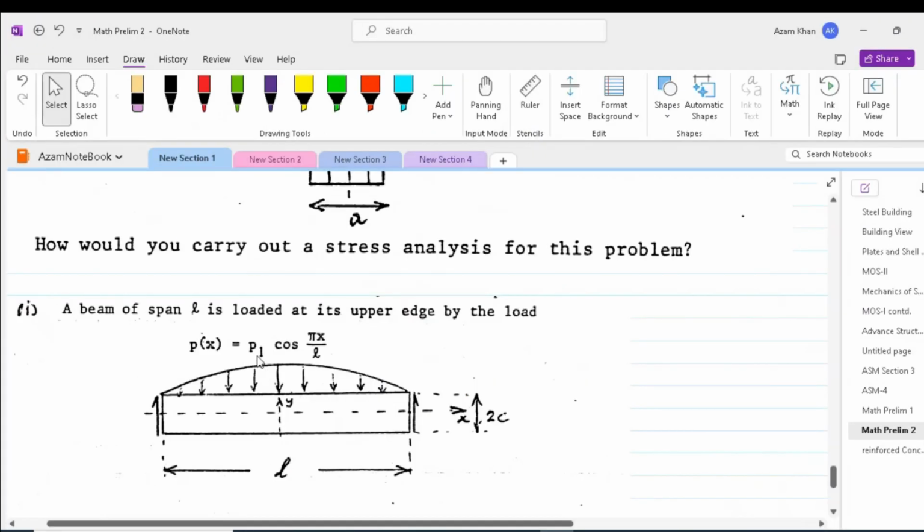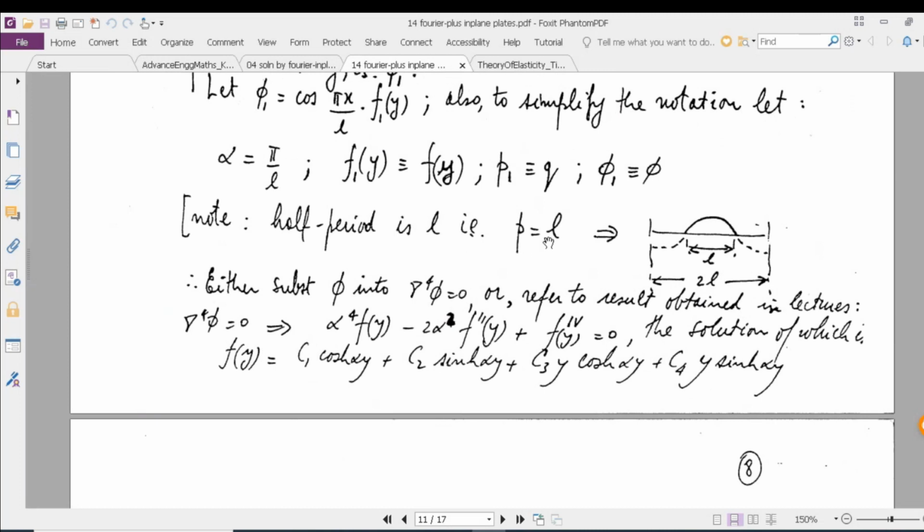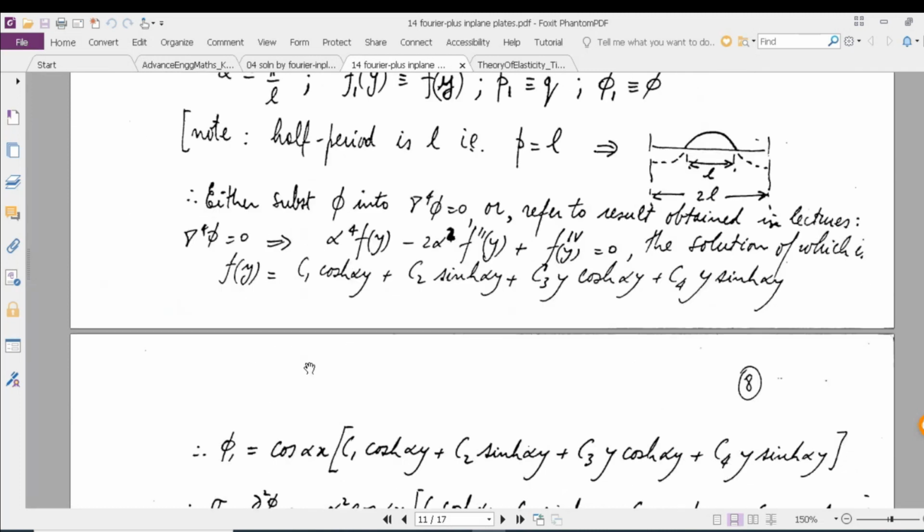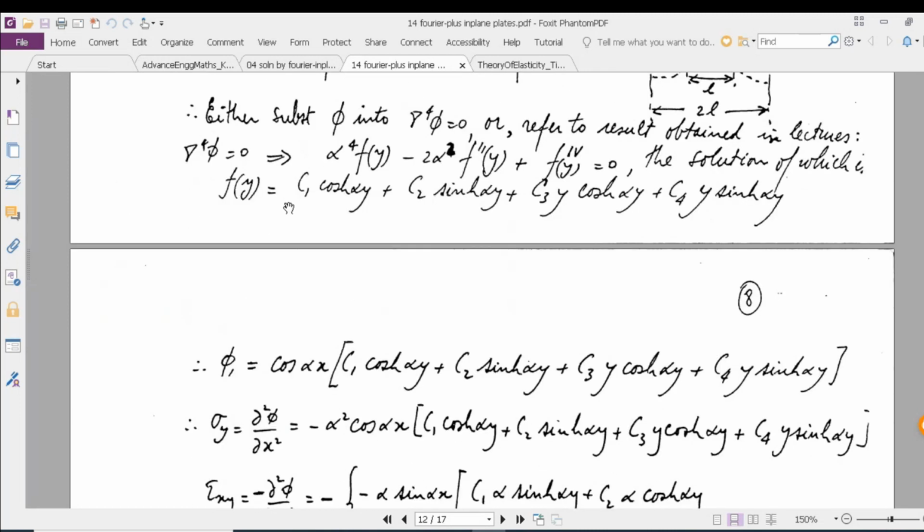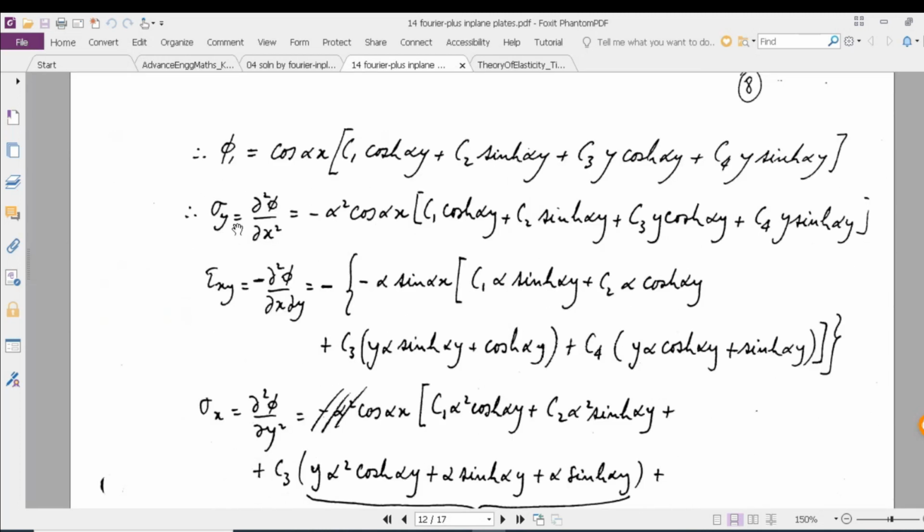So the amplitude is P1 and alpha will be equal to pi by L. The half period will be equal to 0 to L. As we discussed, we can have f of y worked out in terms of cosine and sine hyperbolic trigonometric functions. We can have our Airy stress functions worked out.